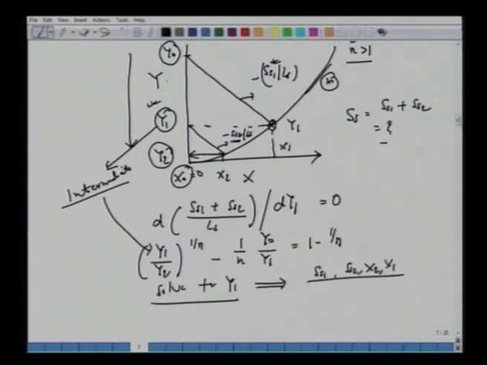So either graphically, or by these differential equations, one can solve to optimize the amount of SS required, what combinations will give you the desired, not the minimum amount, the desired amount of solid, so that we obtain this Y2 concentration.